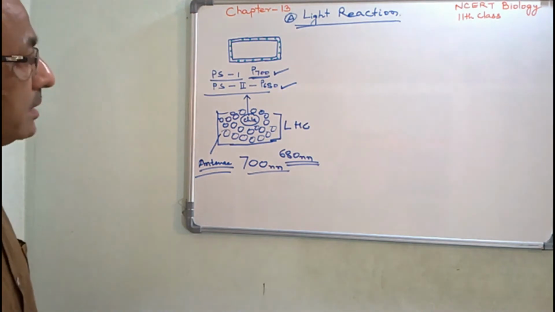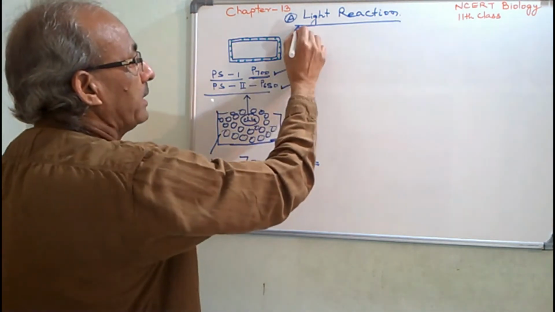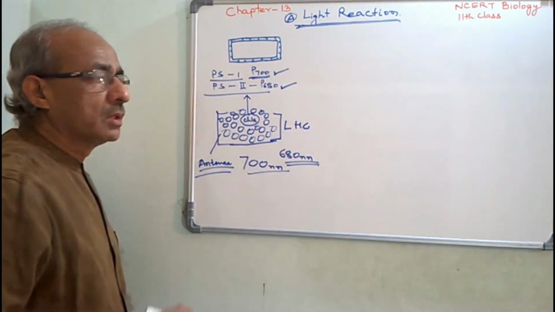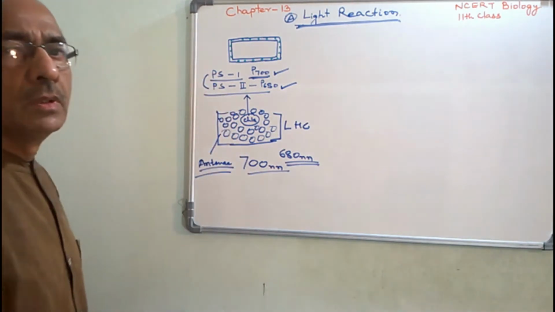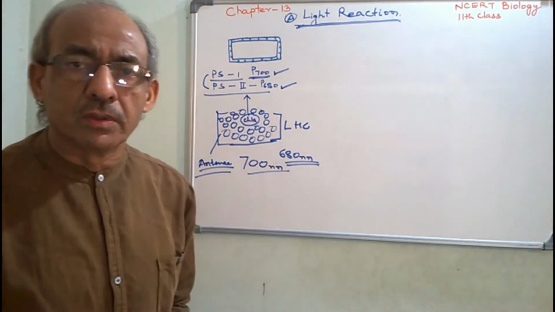Now we will discuss the light reaction. On the membrane of thylakoid, both types of photosystem are found.